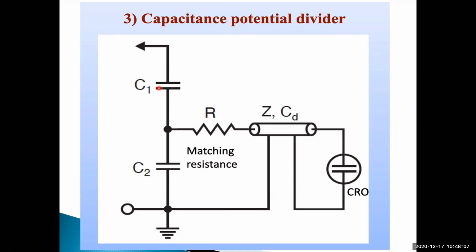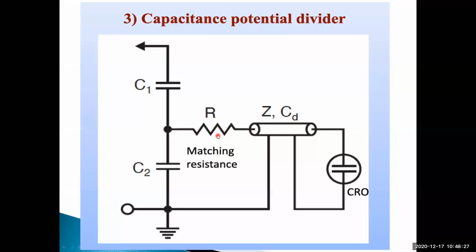The maximum voltage appears across C1 only, and C2 is a very small capacitance, so it stores only a small voltage, which can be easily measured using the CRO.